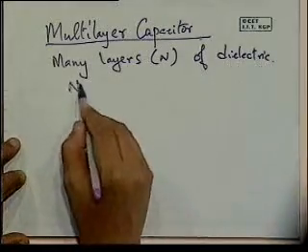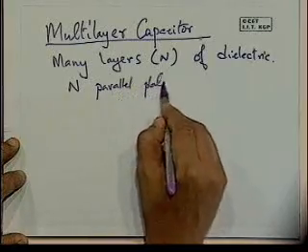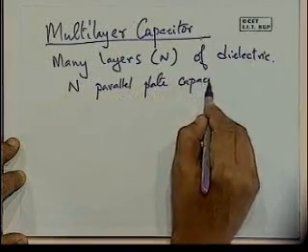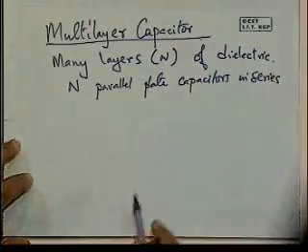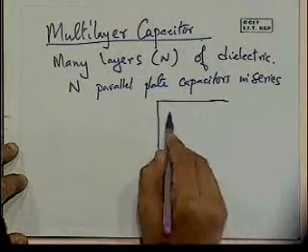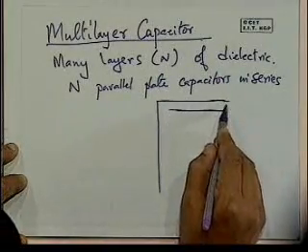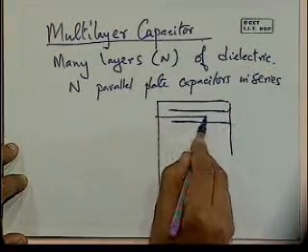And so effectively they are like n parallel plate capacitors in series. All done in a very compact way. Basically we will have a series of what are called interdigitated electrodes. They're like fingers.